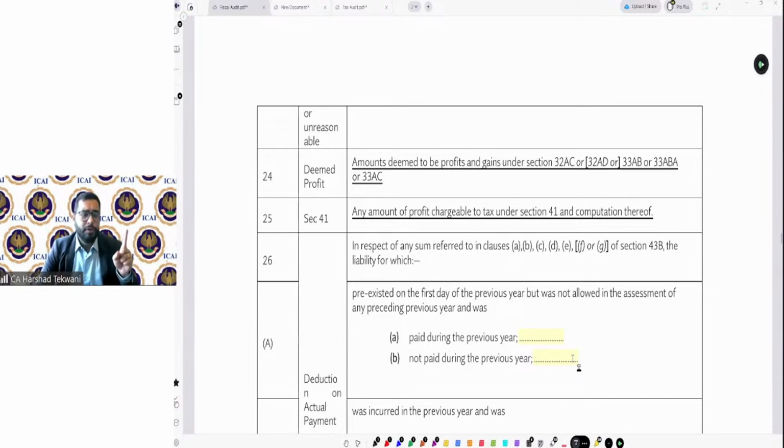You can also refer to that guidance note. Even at the time of audit, we also refer to that guidance note, because each and every time a transaction comes, you need to analyze under which section it is falling and where the transaction is going.